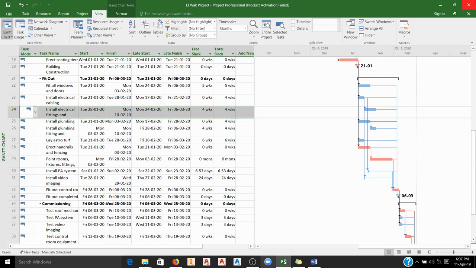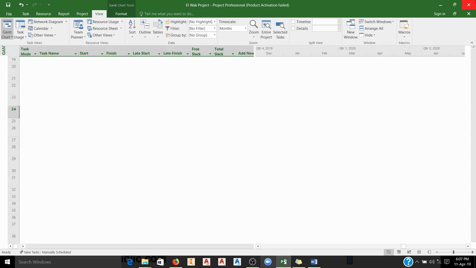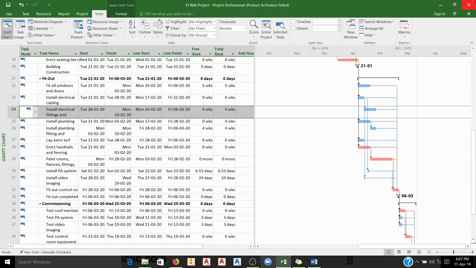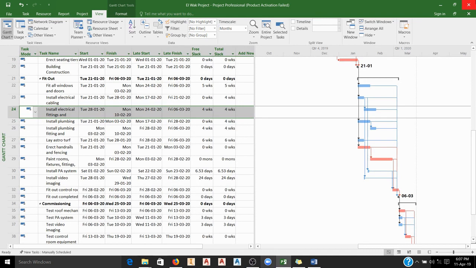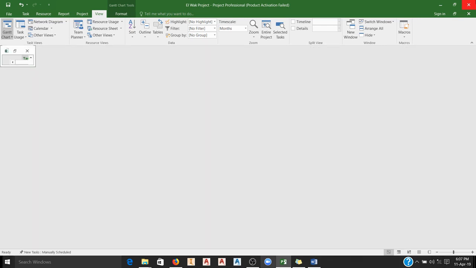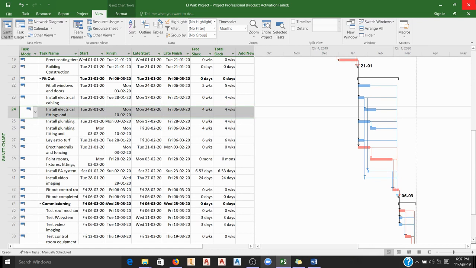So we can actually represent lag times numerically. We can either do it as a direct duration value or as a percentage. So for an example, if you are waiting for the concrete to cure, it may take about 5 days. And we can write this as 5D in the lag field of the erect walls task.